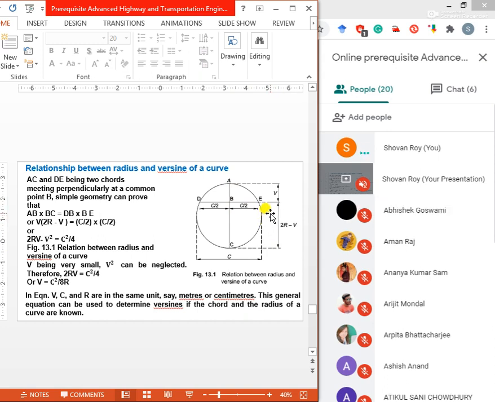Then easily the versine, the AB value, can be calculated by this equation: V equals versine equals C square by 8R, where C is the chord length and R is the radius of the curve.